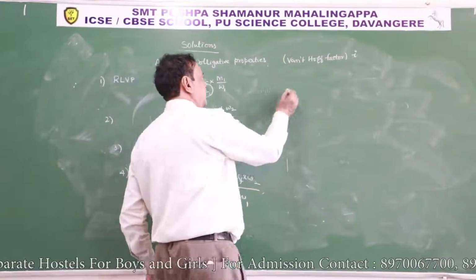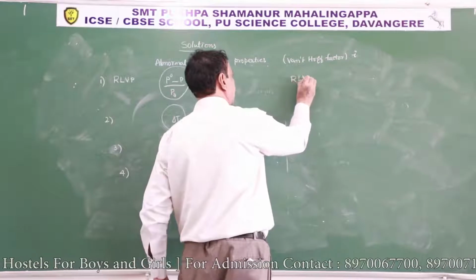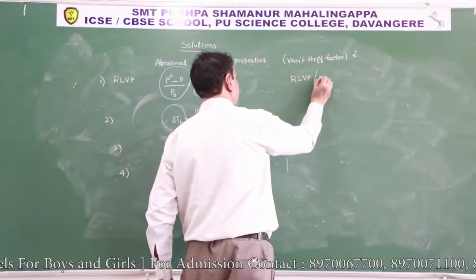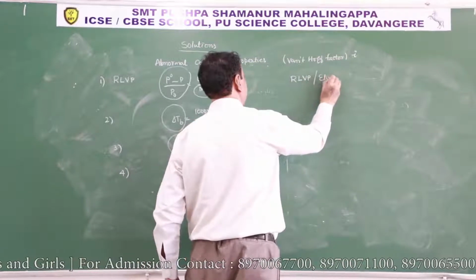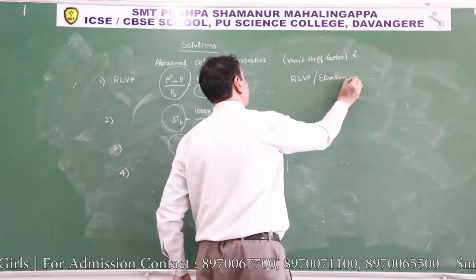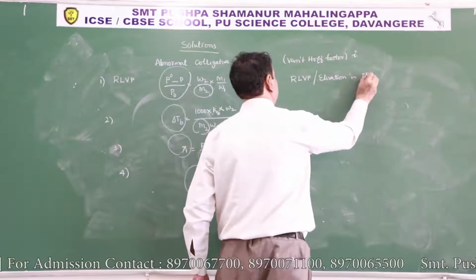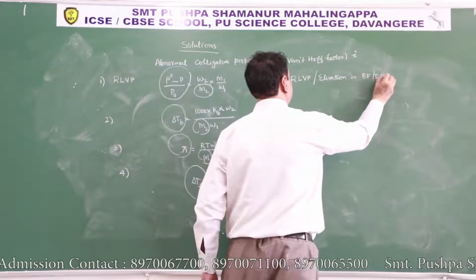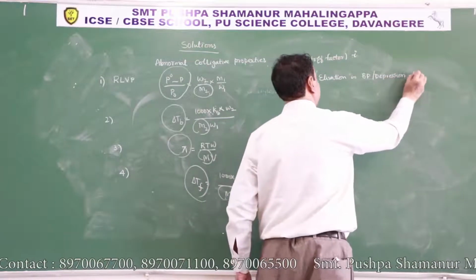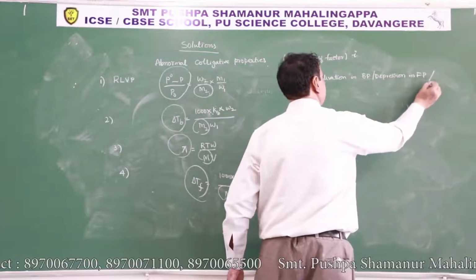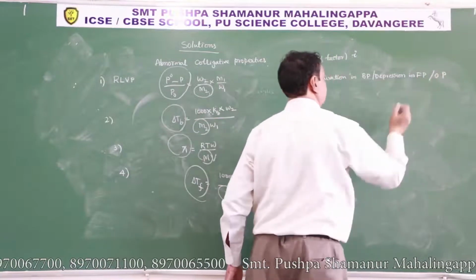Here delta Tf, either relative lowering of the vapor pressure, or elevation in the boiling point, or depression in the freezing point, or osmotic pressure of the solution.